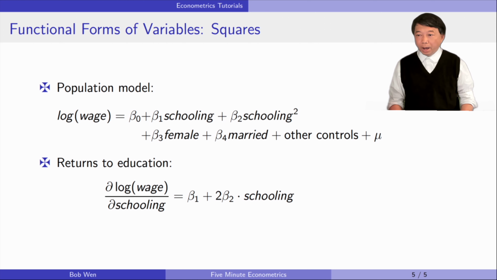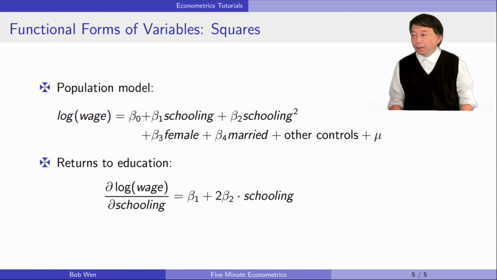We use the squared form of the explanatory variables to capture a quadratic relation between the explanatory variables and the outcome variable. This model allows the effect of years of schooling on wages to be non-constant. It can capture the diminishing returns to education or the increasing returns to education.